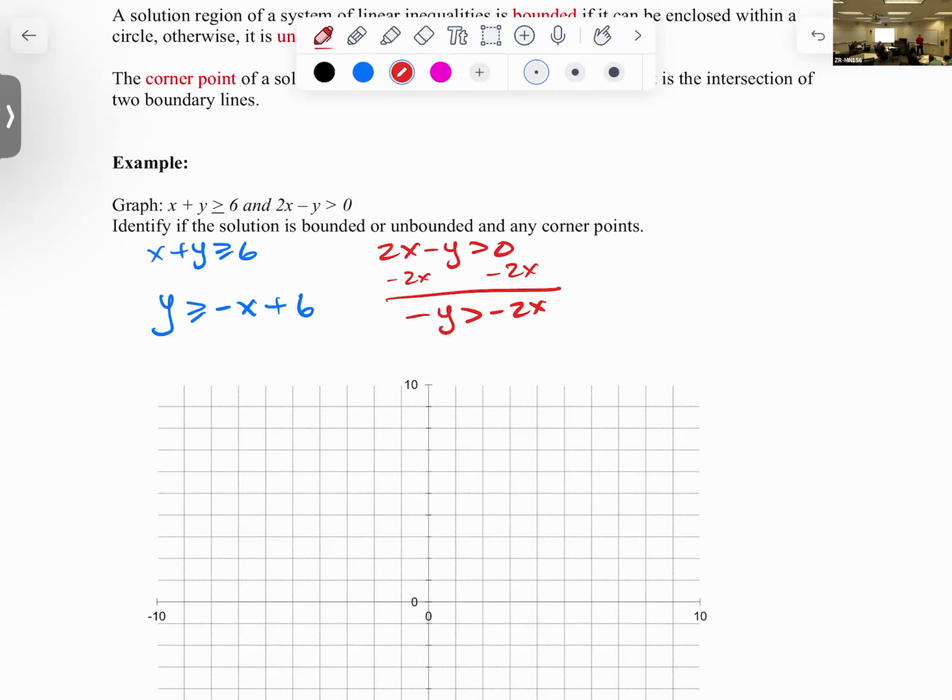And then what important thing must we do? Divide by -1. Does that have any implications? It flips the inequality. That becomes y less than 2x. Dividing or multiplying by a negative flips the direction of the inequality. Notice that I can add and subtract negatives all day long. That doesn't change the inequality's direction.